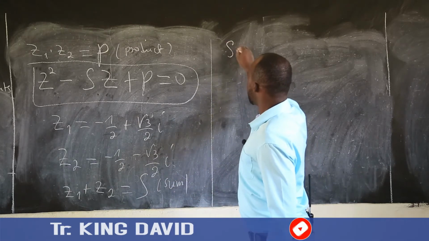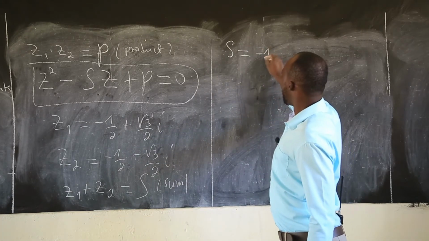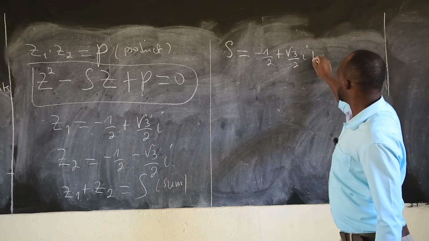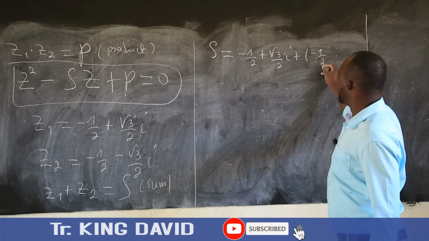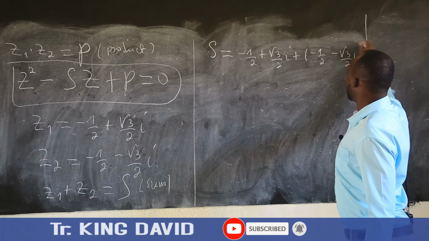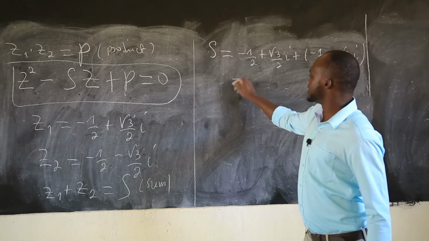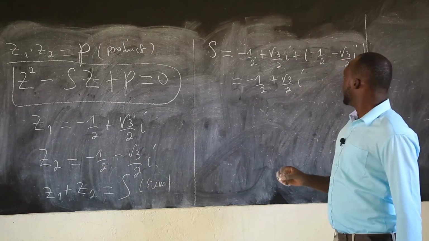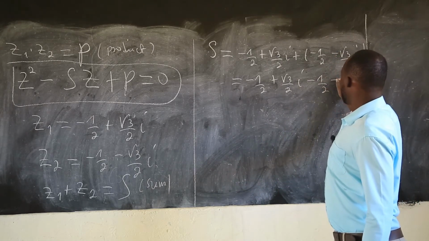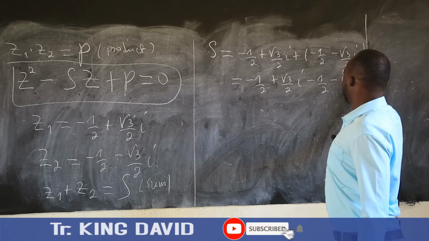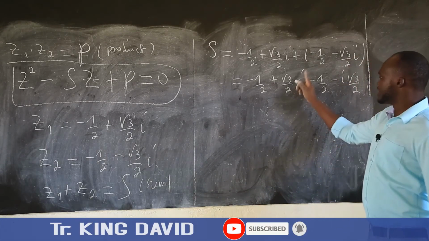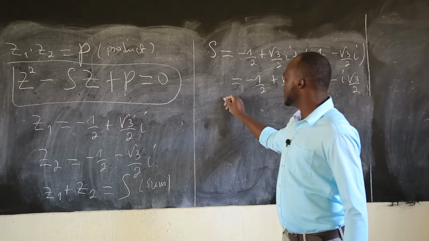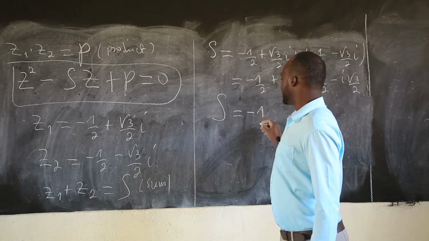Our sum will be equal to -1/2 plus √3/2 i plus -1/2 minus √3/2 i. The i terms cancel, and -1/2 minus 1/2 is -1. So our sum is -1.